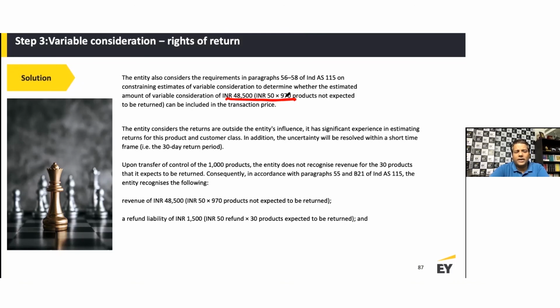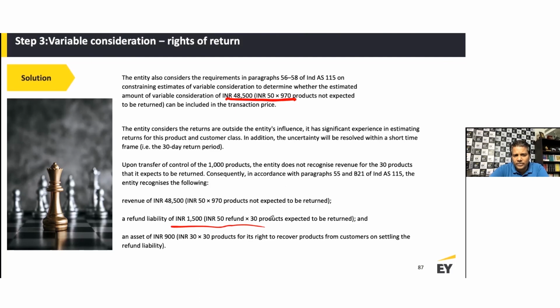A refund liability of 1,500 you're going to create, which is 50 into 30. An asset of INR 30 into 30 products, so the right to recover the product from the customer when settling the refund liability. So whatever is the value of the inventory is what you end up recording as an asset, from that perspective, for you to evaluate it appropriately. All right.